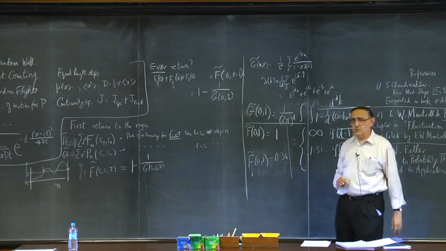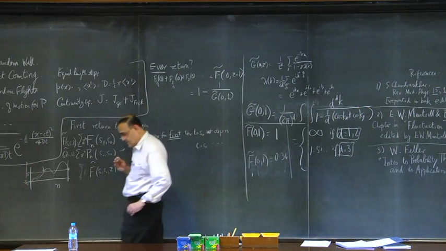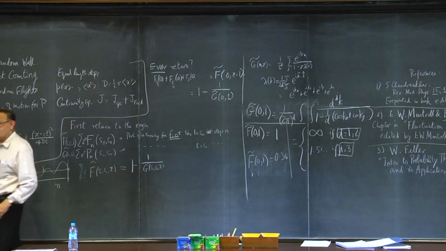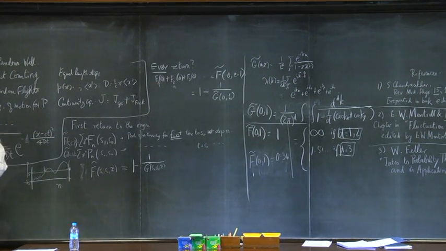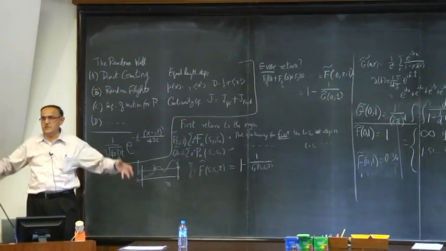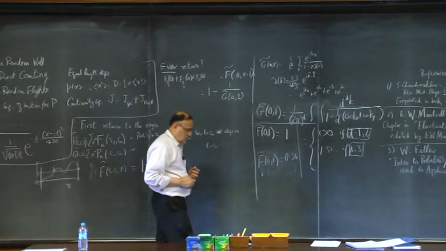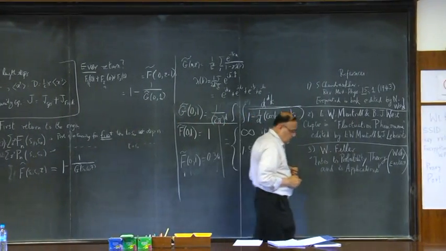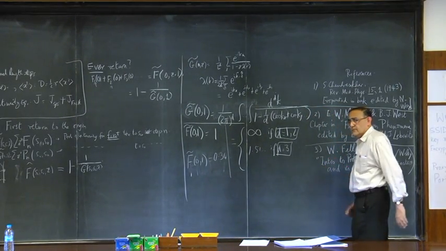So this is an important result, because it says there's something special about 2 dimensions and lower. The space is such that you will always come back. It may take long, but you will come back.